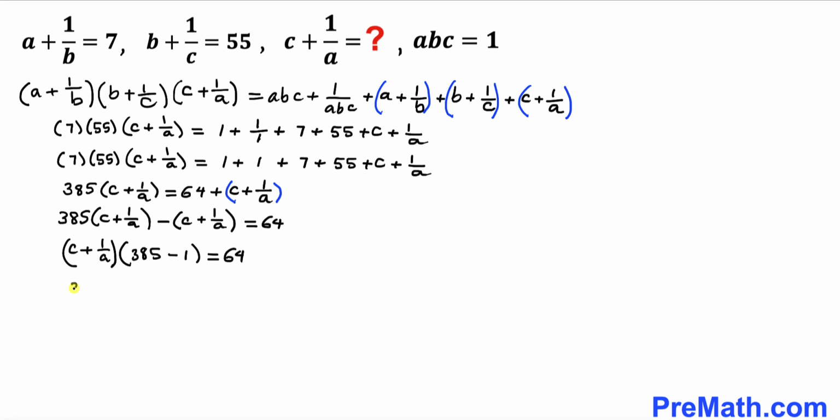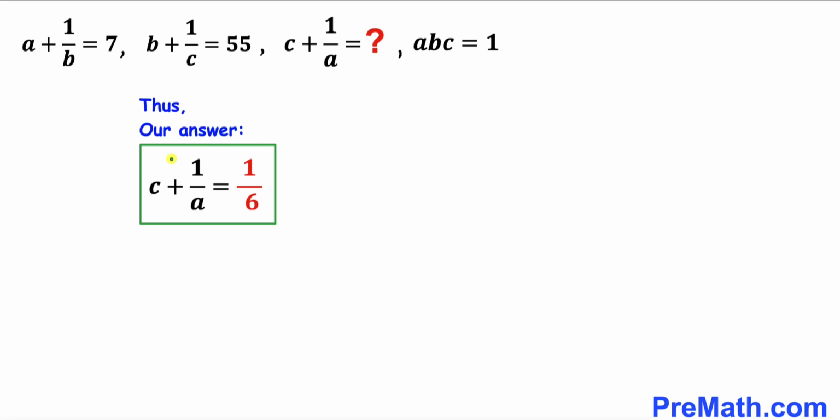So we got 384 times c plus 1 divided by a equal to 64 on the right hand side. And now let's divide both sides by 384. And now we can see this 384 and 384 is gone. So we simply end up with c plus 1 divided by a equals to, when we reduce this, 1 divided by 6.